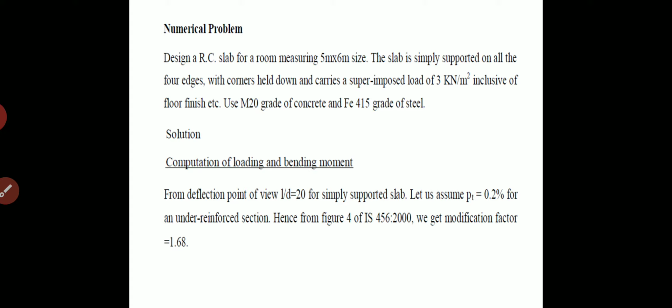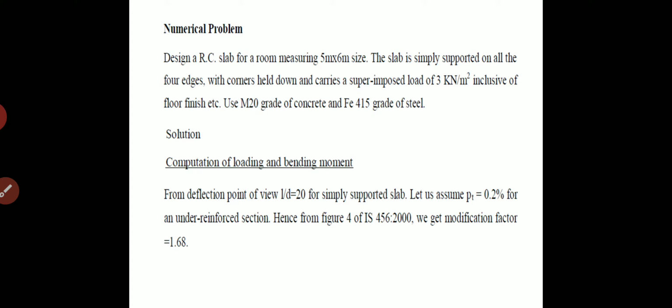For cantilever, L upon D ratio equal to 7, and for simply supported, L upon D ratio equal to 20, and for continuous beam, L upon D ratio equal to 26. So here beam is simply supported, so we take L upon D ratio equal to 20.